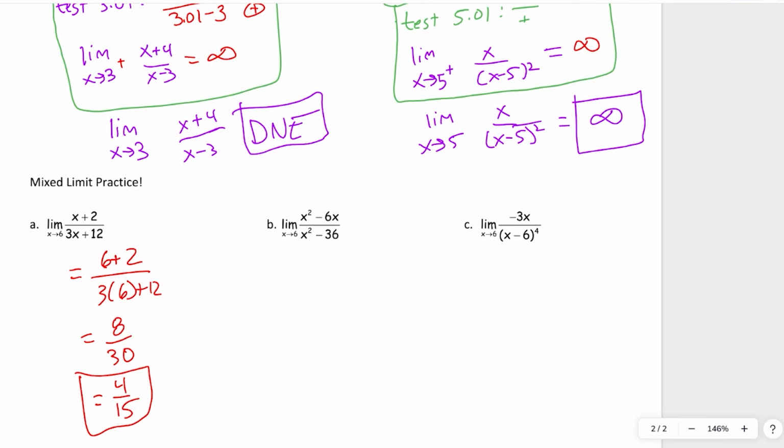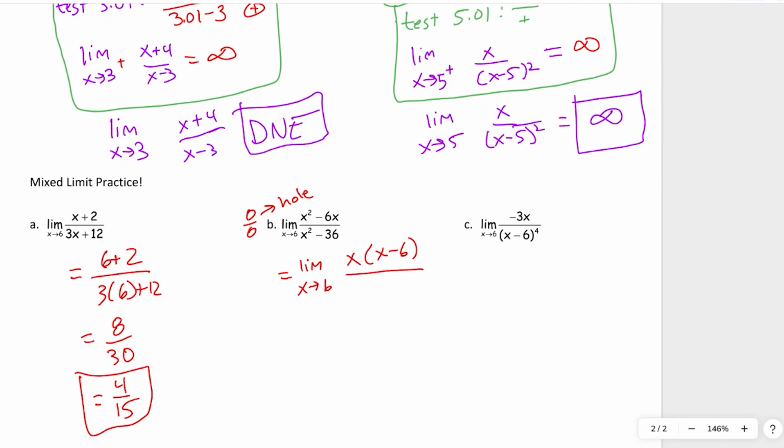All right, B. Can we plug in 6? No, and if we try to, we're going to get 0 over 0, right? So if we get 0 over 0, what does that indicate? It's a hole, which means we need to try to cancel out that hole, remove the removable discontinuity. We can do that through factoring. We can factor the numerator with the greatest common factor being x. And we can factor the denominator.